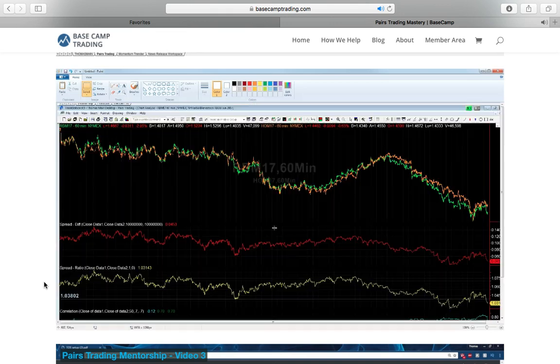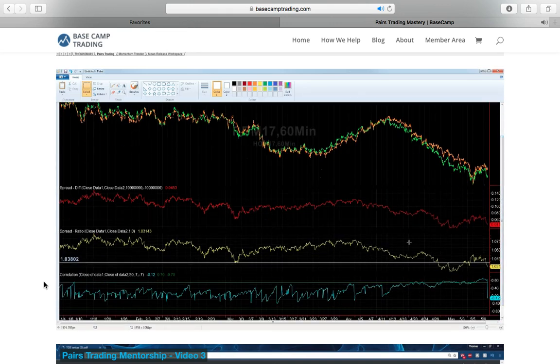Because what happened here is we got way out of line. All right. RBOB was really undervalued compared to heating oil. Okay. So I was long RBOB and short heating oil, and I was doing it on top of this pivot right here because that was an extreme, and I was getting in the trade right there.